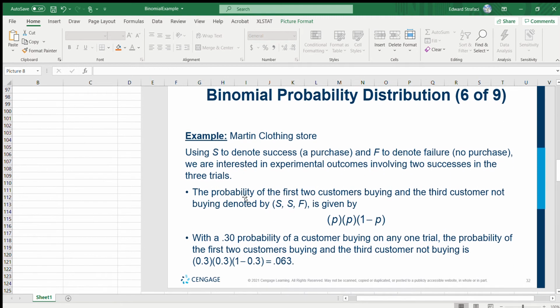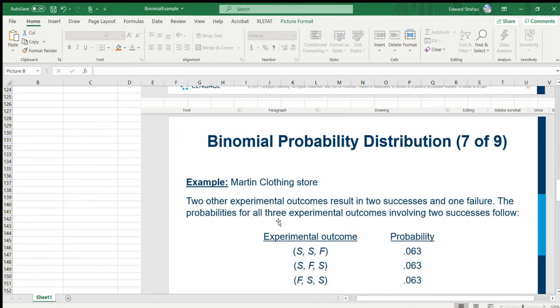So use S to denote the successes and F to denote failure. We are interested in experimental outcomes involving 2 successes in 3 trials. So we're going to do success, success, failure, which would be the probability times the probability times 1 minus the probability. So 0.3 times 0.3 times 1 minus 0.3, and we're going to have a probability of 0.063.